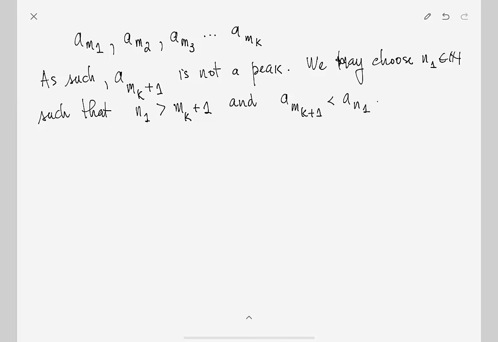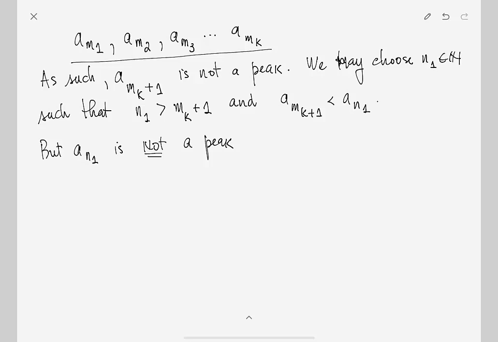This is a simple consequence of the fact that a sub mk plus 1 is not a peak. But also, a sub n1 is not a peak. Otherwise, it will be listed here, right? But it's not.